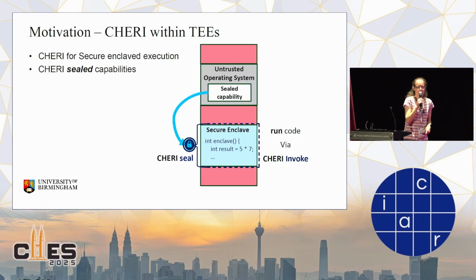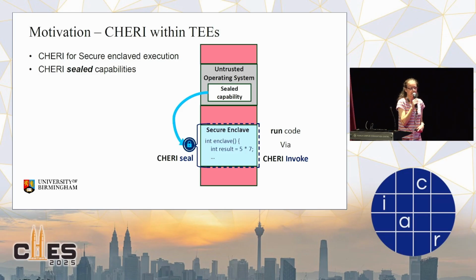So the motivation behind the work is to use CHERI for secure enclaved execution. This is where you have your sensitive data and computation carried out inside a secure region of memory called an enclave, away from the rest of your untrusted operating system and services.